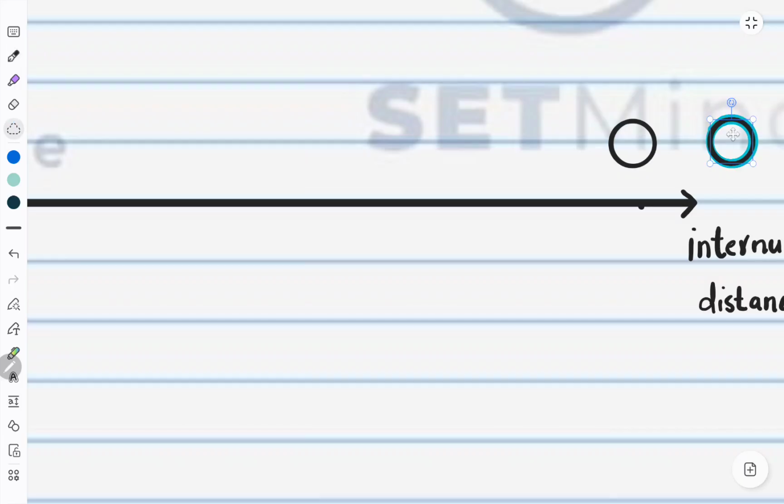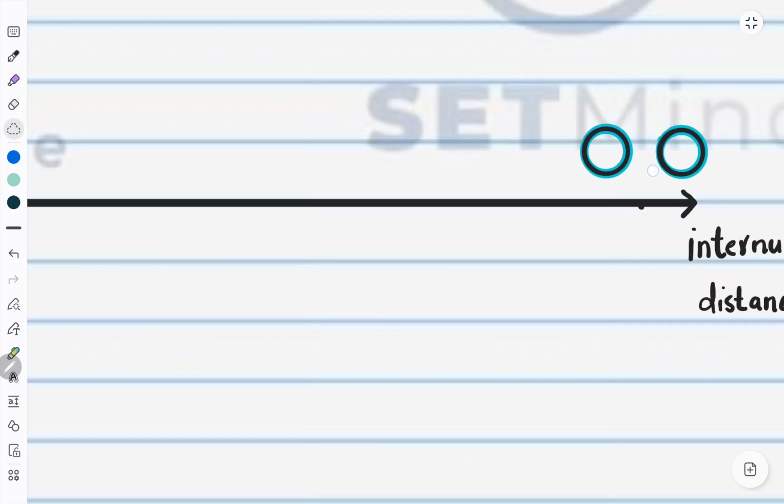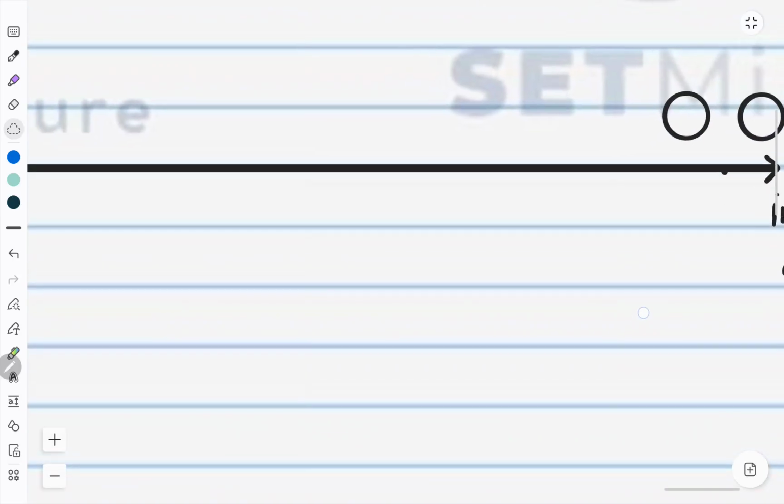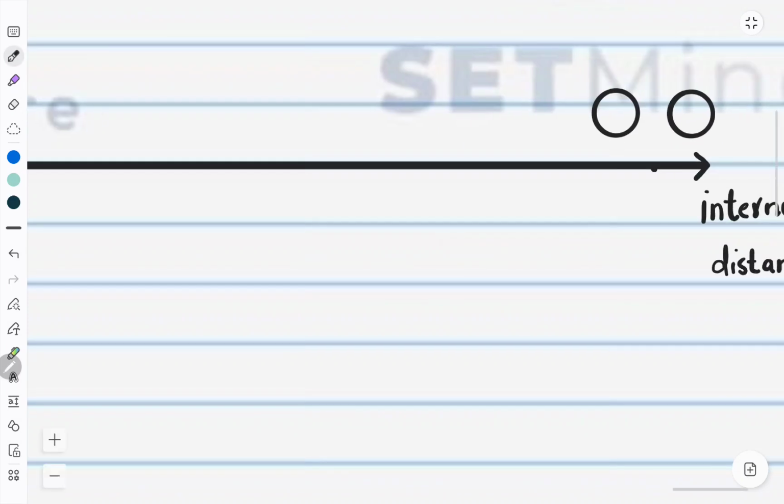Okay, I think I've made them too far apart. Let's just create a small distance. Yes, at this point they are a bit far apart. Atoms are still far apart, and then they keep getting closer to one another. Let's say maybe somewhere here. In fact, we can use the very same ones.